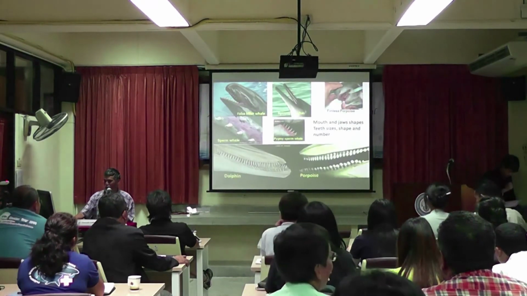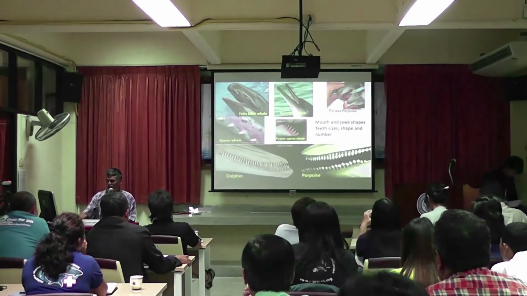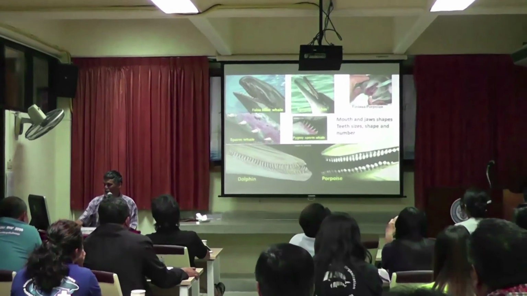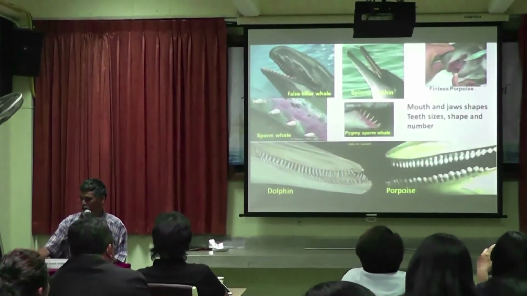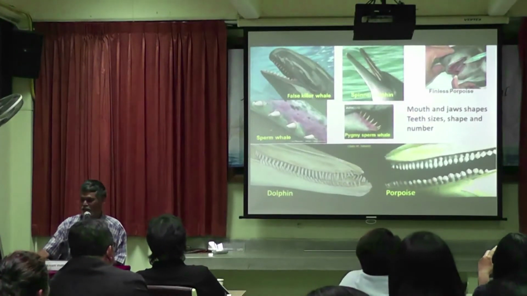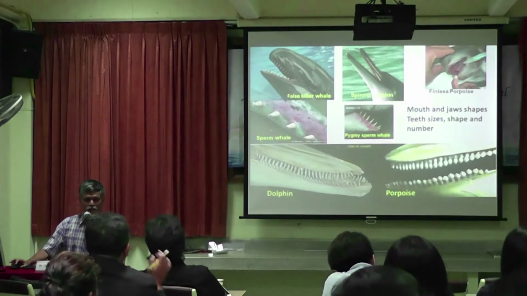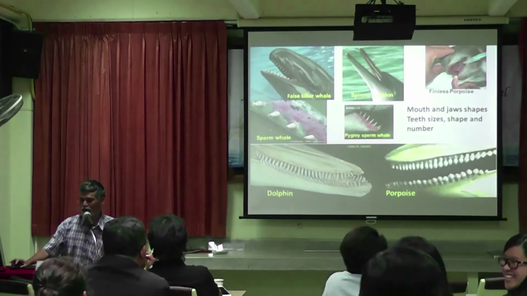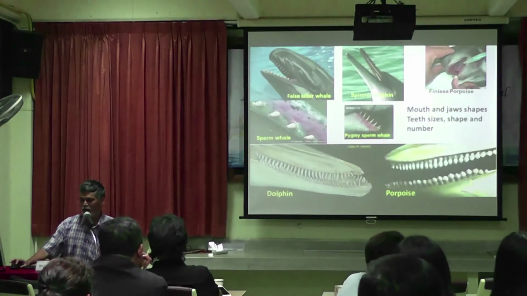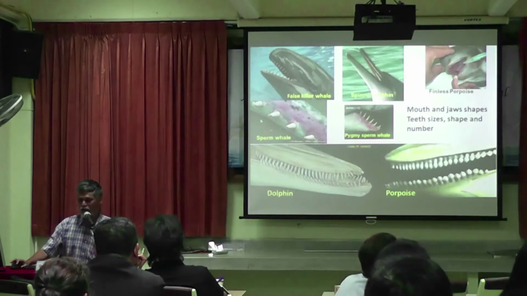So I want to show some main characters of the whale, like the rostrum, head, teeth shape, and also the number of teeth. Like the porpoise have very spade-shaped teeth, whereas dolphins have conical or pointed teeth. This one is a good character. Also the teeth in sperm whale are situated very far apart for each tooth.